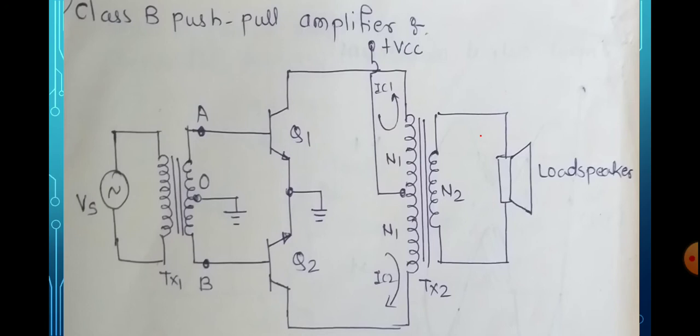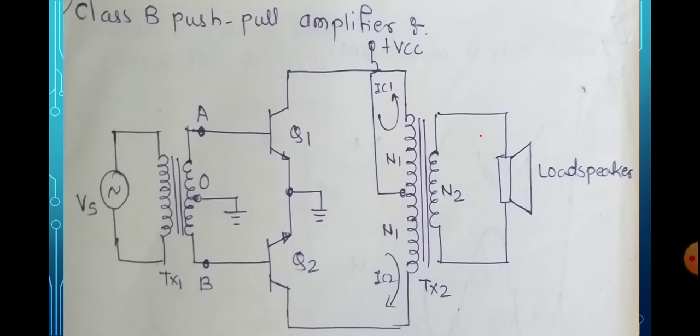Now coming to the negative half cycle. This is like what you have studied in half wave rectifiers. In a similar way, during the negative half cycle, voltage VBO is positive and VAO is negative. Transistor Q2 becomes forward biased and Q1 becomes reverse biased.